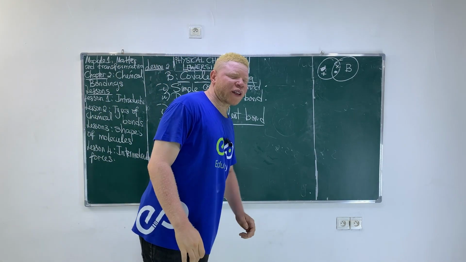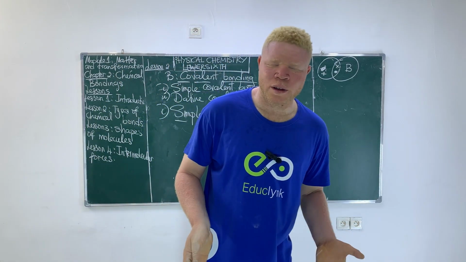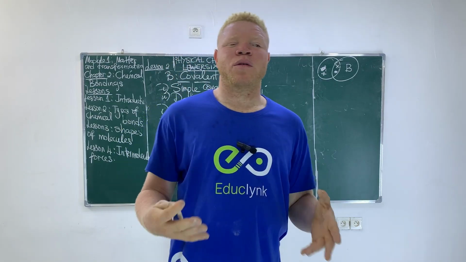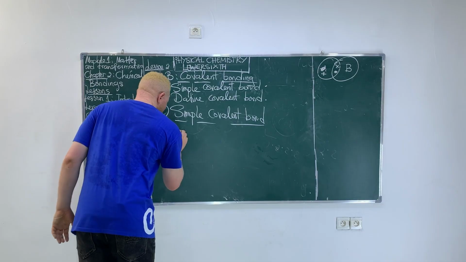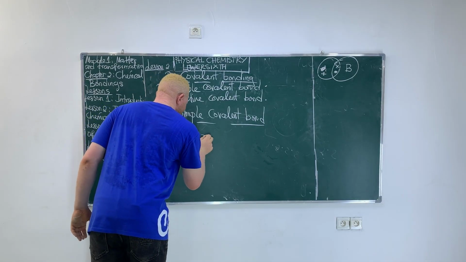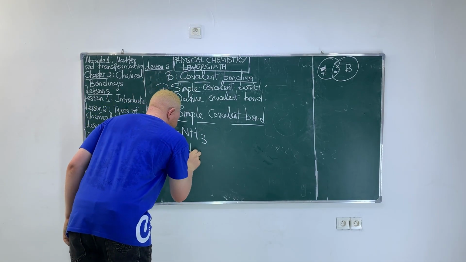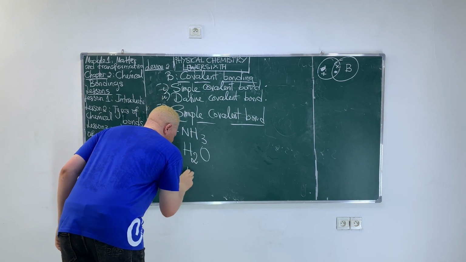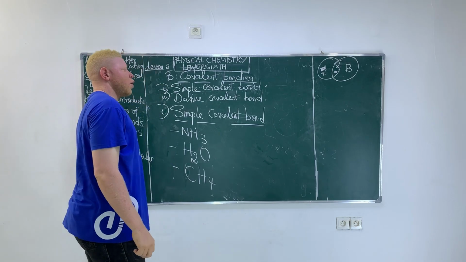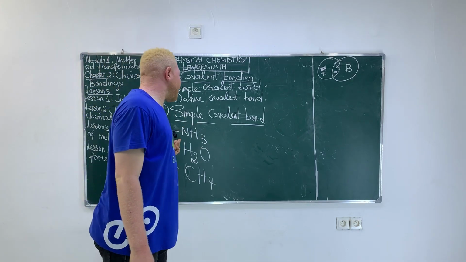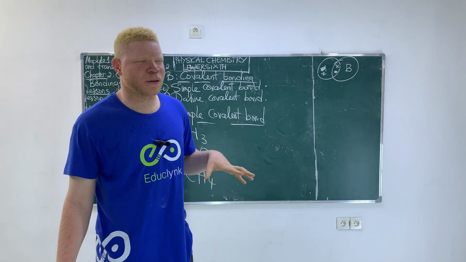In a simple covalent bond, there are a couple of compounds we can use to illustrate it. Here we are going to take the molecules of ammonia, water, and methane. One of the things about a simple covalent bond is that it is between non-metals.